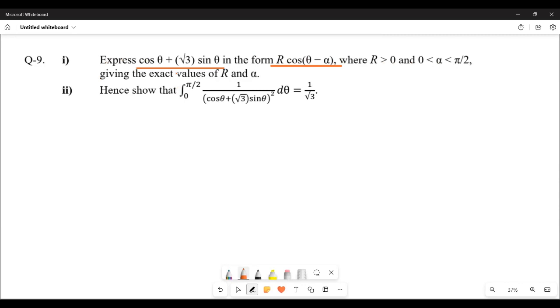So part 1 is from trigonometry. r is found by applying Pythagoras theorem on the coefficient of cos theta and the coefficient of sine theta. So r would be the square root of 1 squared plus square root of 3 squared. So that's 2.